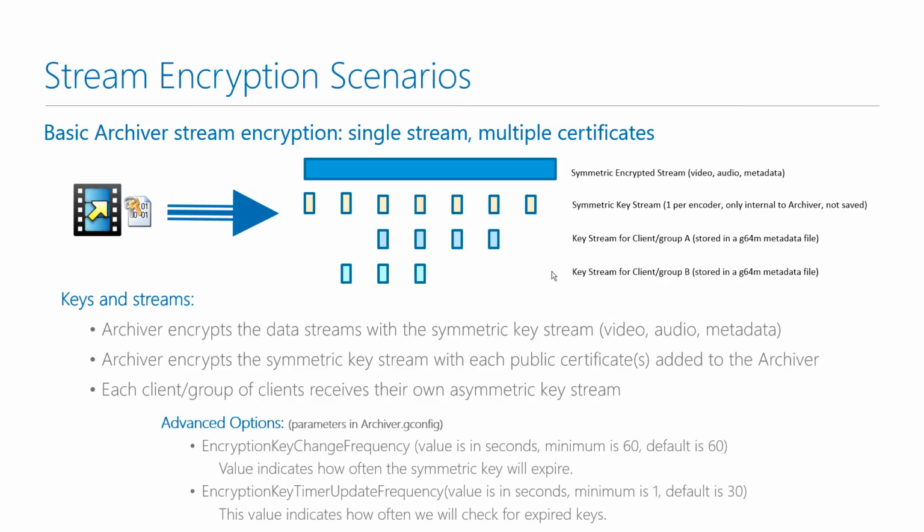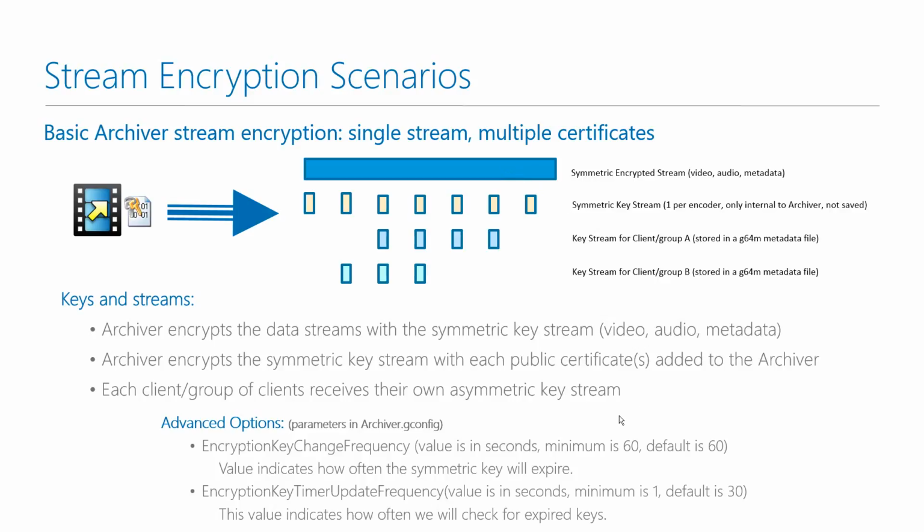So in our example here, we have two certificates installed, one for a client or a group of clients, so certificate A, and we have certificate B as well. So for each symmetric key stream that we're creating here, we're creating a new one for group A and a new one for group B. And we'll see how that's more relevant in the next one here. So this is our key stream, and that gets asymmetrically decrypted to give us the keys back on the client side that can be used to decrypt our symmetrically encrypted data stream, so video, audio, or metadata.